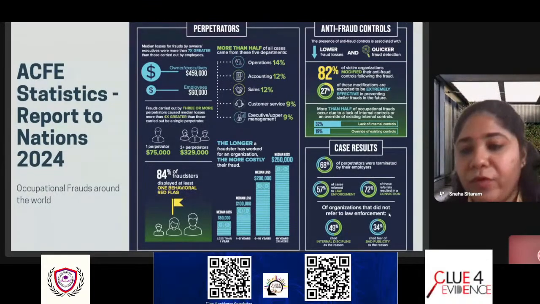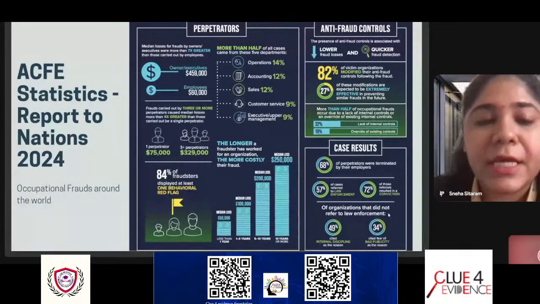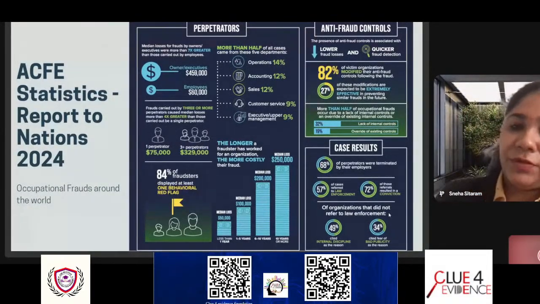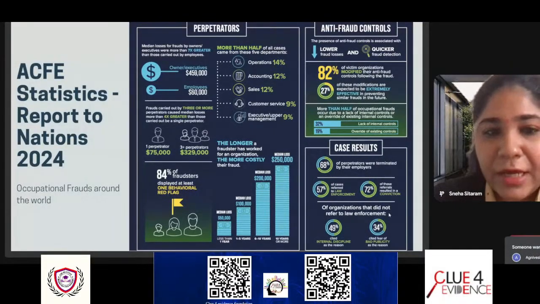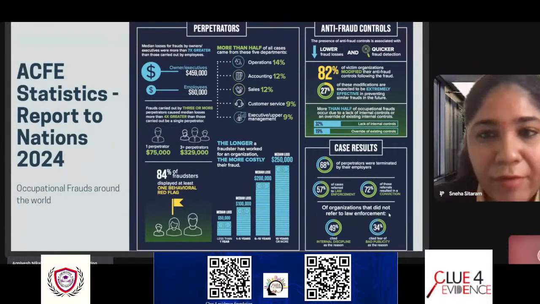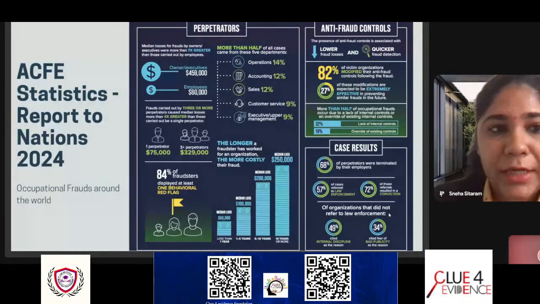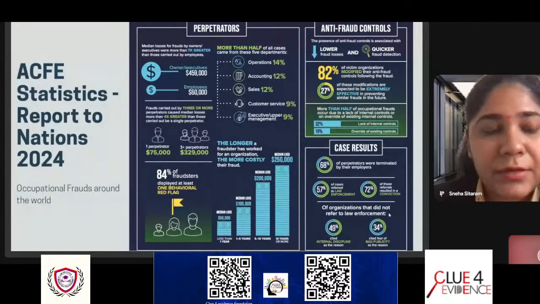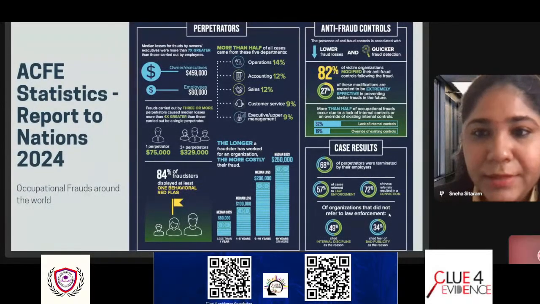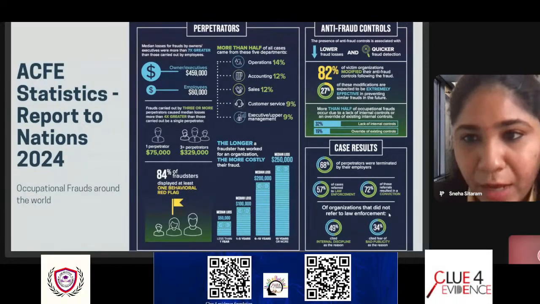So now moving on to how the investigation happens and what the objectives of the investigation are. Before we move on, I just wanted to pose a question: if any of you have had a chance to work in an investigation team, do you know whether the whistleblower mechanism is rightly placed in your company, or what kind of experience have you had?